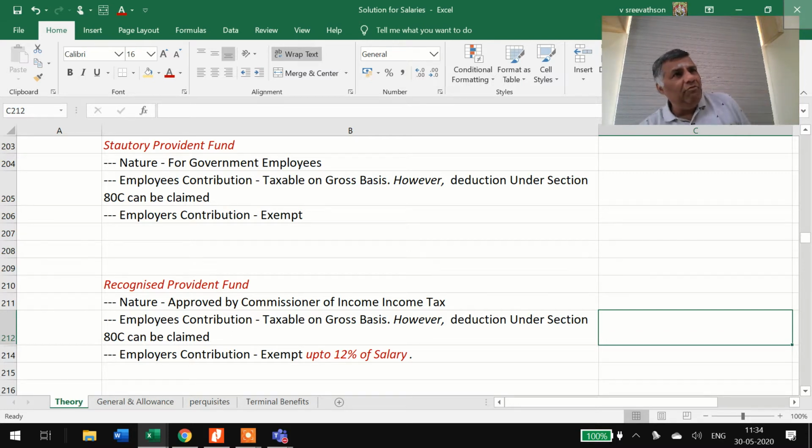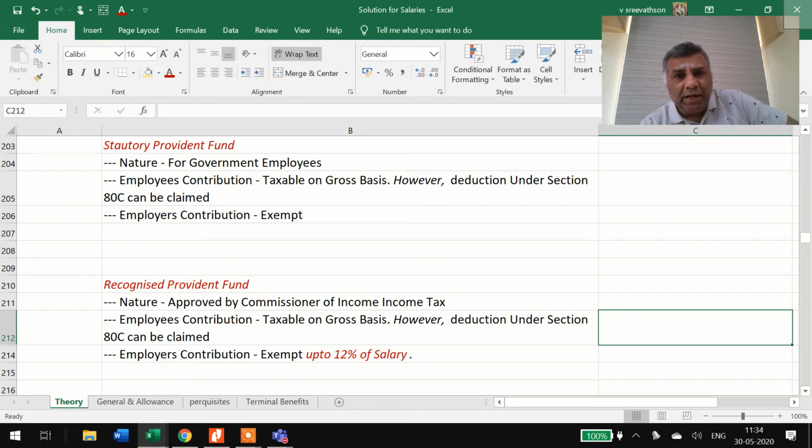Sir, a week back, the finance minister was announcing that to benefit people with more money, Provident Fund contribution is reduced from 12% to 10%. Will it have an impact? It will not have an impact for your examination.